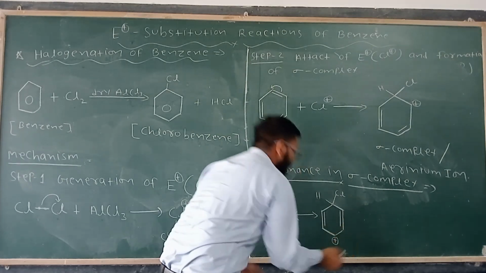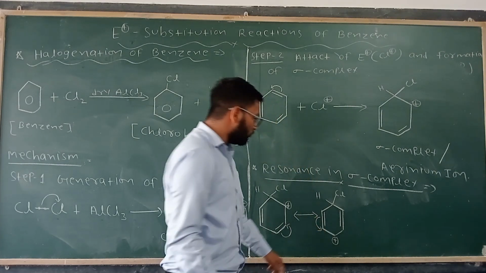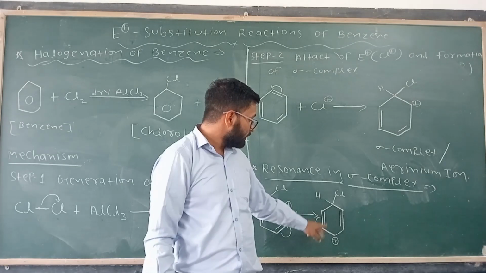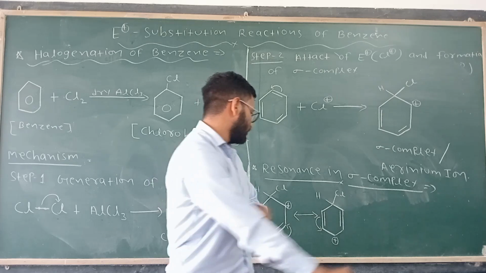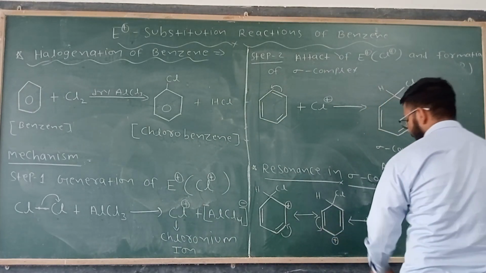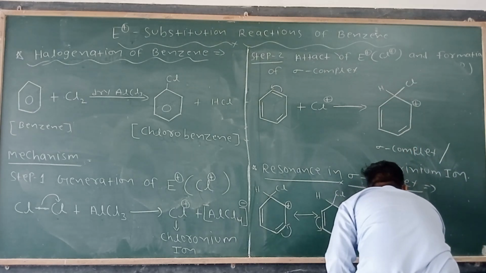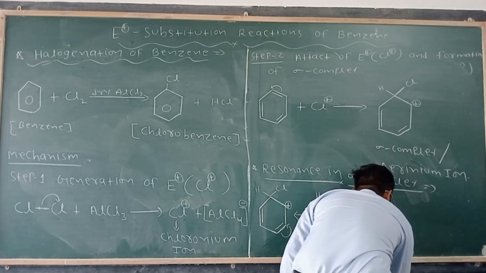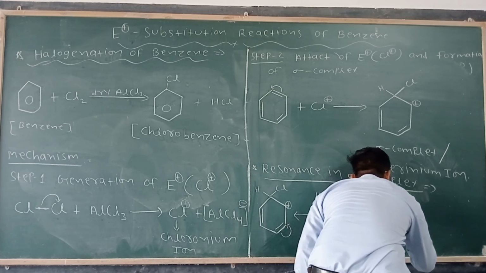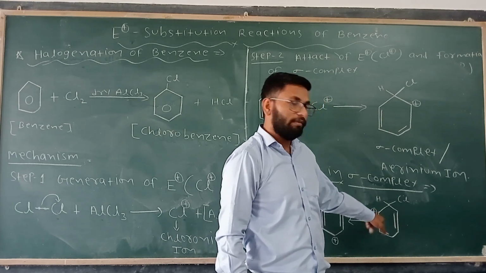Now here is another double bond. The electrons of this double bond shift towards this carbon. Now this carbon acquires a negative charge and this carbon acquires a positive charge. And here the double bond shifts here. So the positive charge will be here.